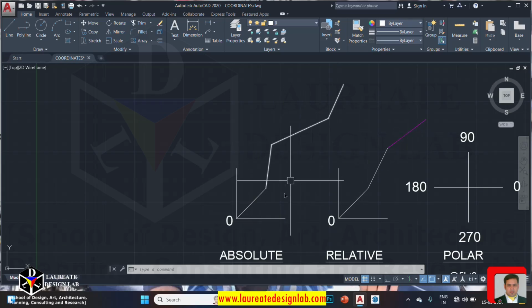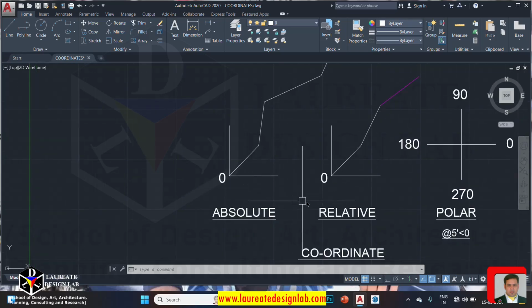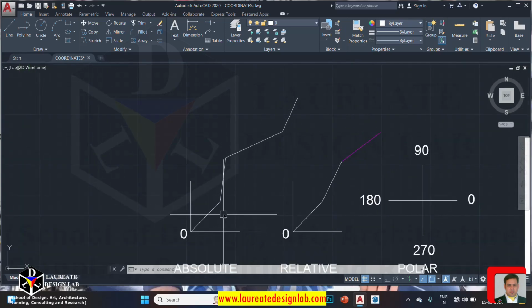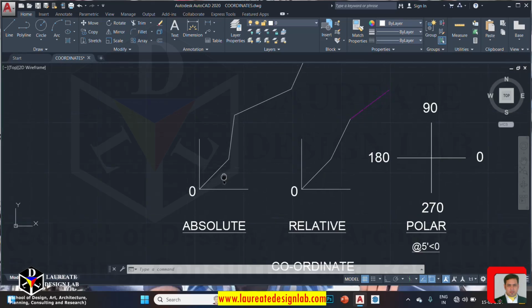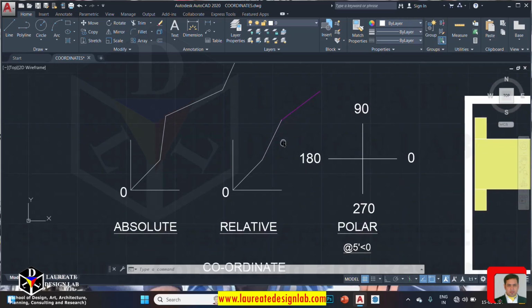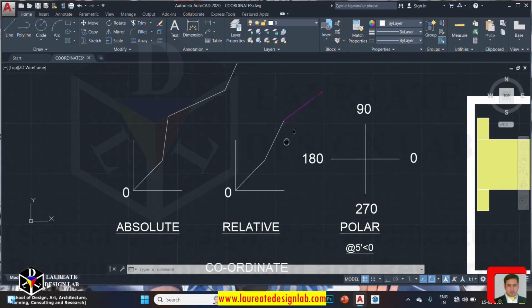That's the biggest difference between absolute and relative to the last point. I repeat once again, every next point will reference itself from the origin in absolute coordinate. Every next point will reference itself from the last point. That is why it will be called relative coordinate.